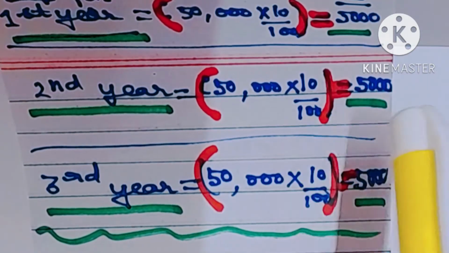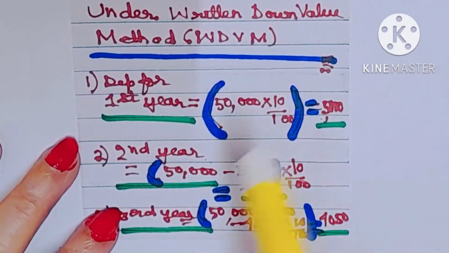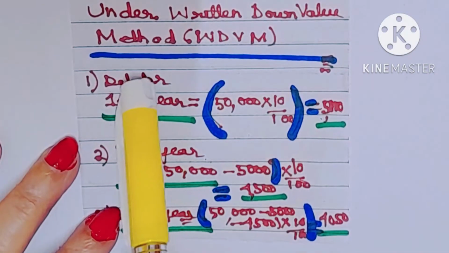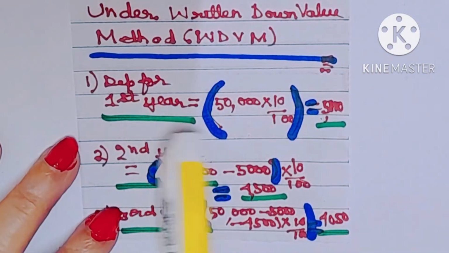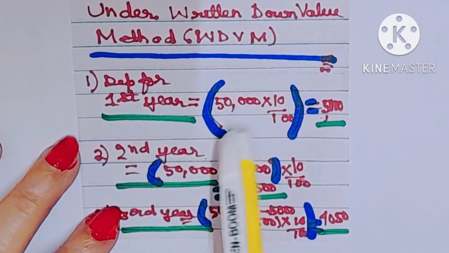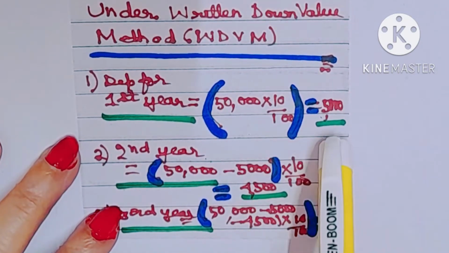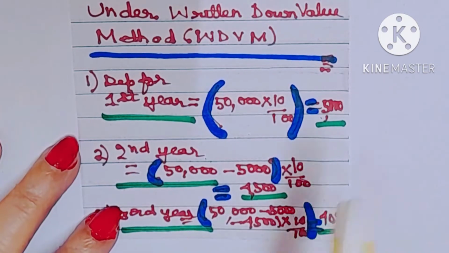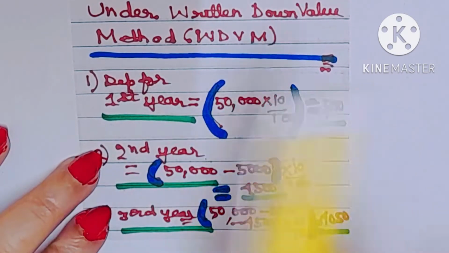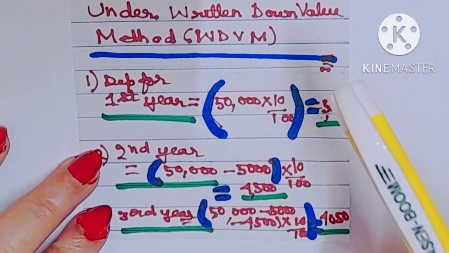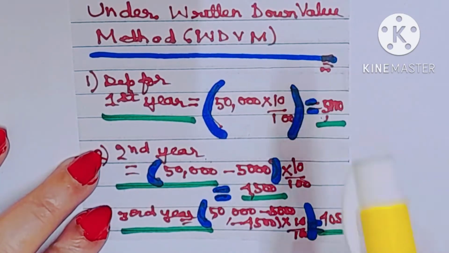That is 5,000, 5,000, 5,000. But under the written down value method, with the same problem, only depreciation for the first year is 5,000. But the second year and third year won't be the same. Why? Because you are charging depreciation not on the original cost of the asset. You are charging depreciation on the book value of the asset.